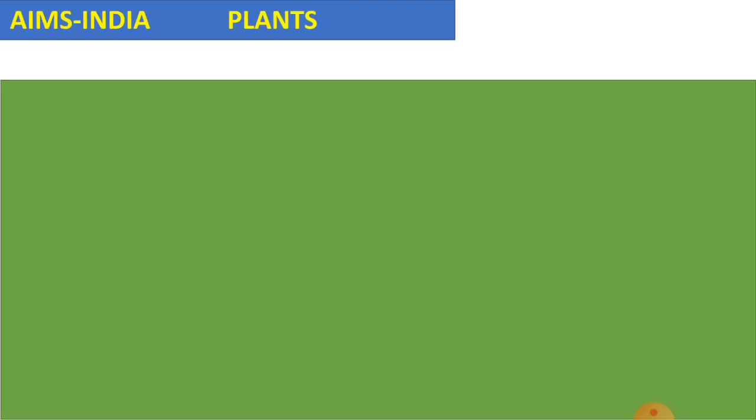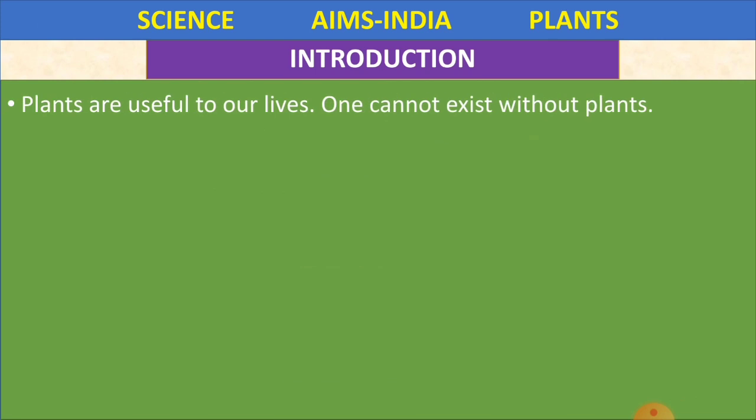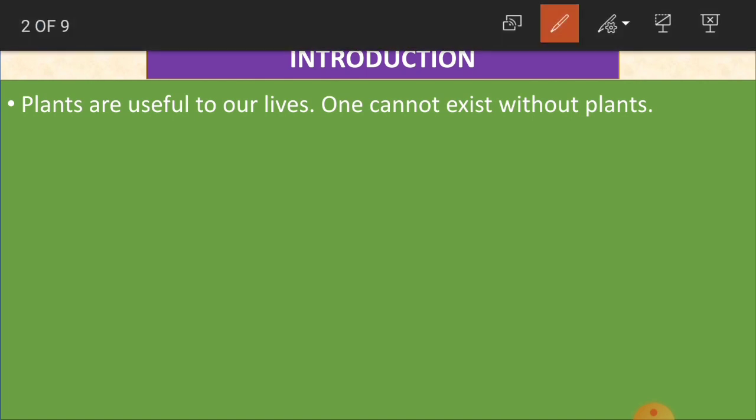So plants, children, are very important in our life. Yes or no? Plants play a very important role in our life. So how? We'll just see. Plants are useful to our lives. One cannot exist without plants. Is it true, children? Yes, obviously.